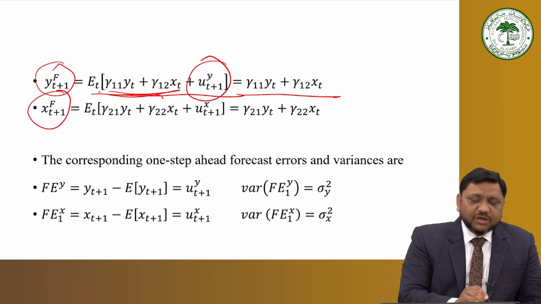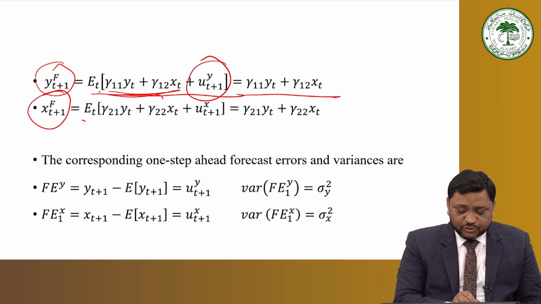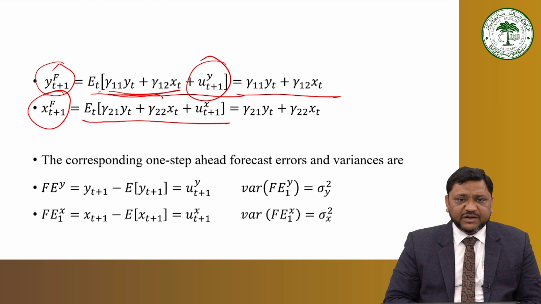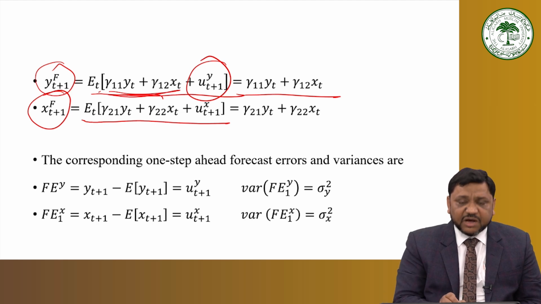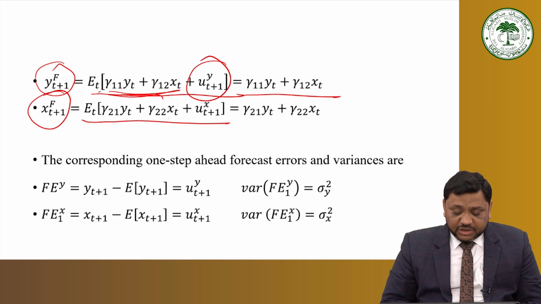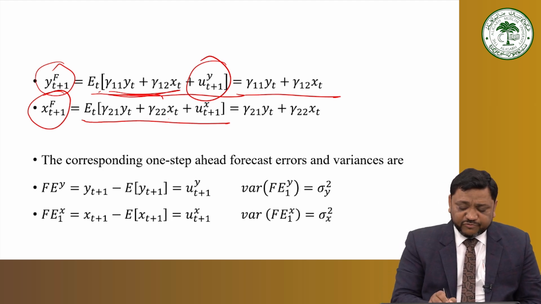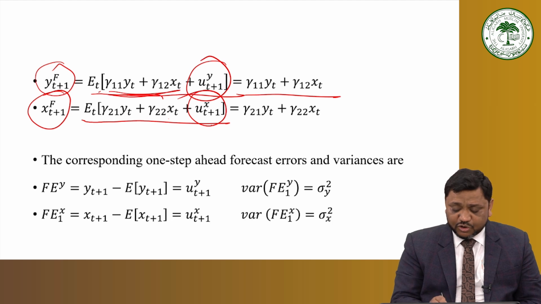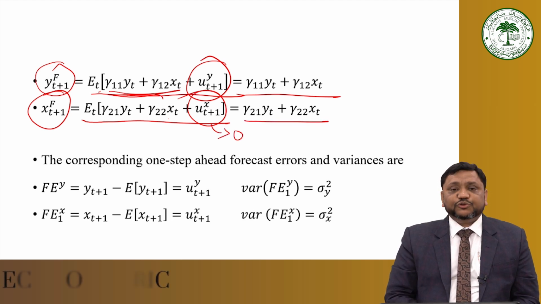Similarly, the one step forecast for xt plus 1 is equal to the expected value of the entire term. Now the term is gamma 21 yt plus gamma 22 xt plus the error of x at period t plus 1. When we take expectation, the error becomes 0, so you are left with gamma 21 yt plus gamma 22 xt.